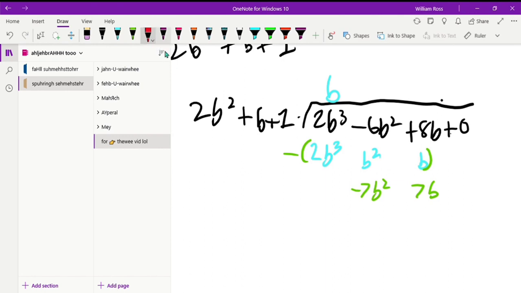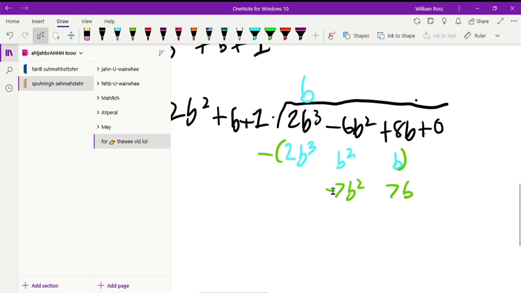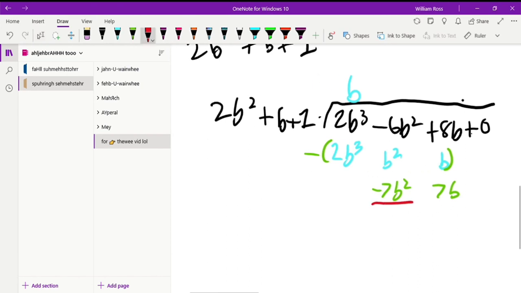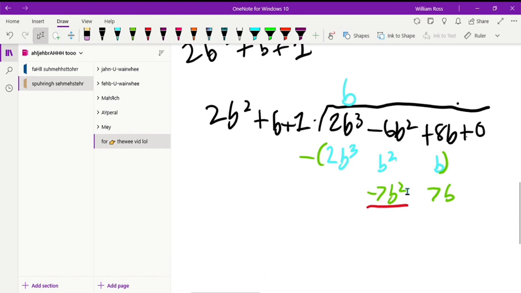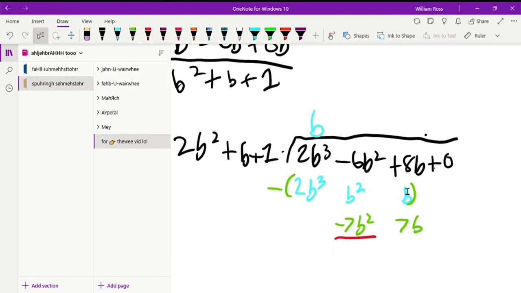Let me change that. Alright, so this is how I used to do it. So 2b squared goes into negative 7b squared. Oh wait, my brain broke for a sec.